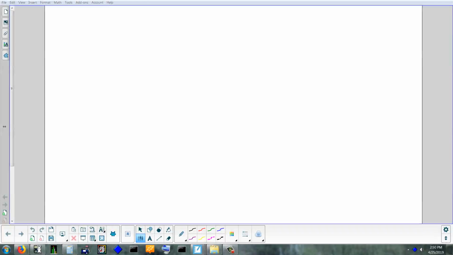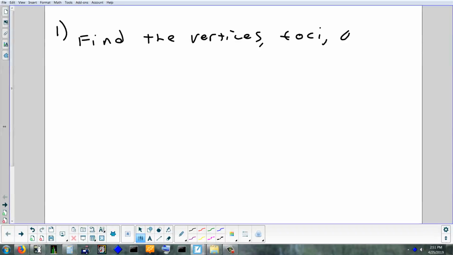All right, take a look at the first question that's similar to what's on the test. For this one, I want to find the vertices, foci, and center of the ellipse.